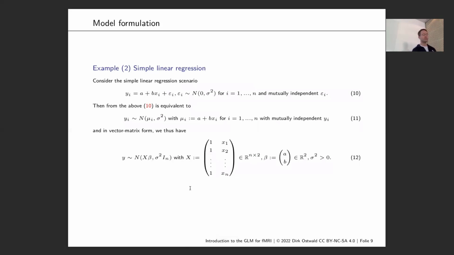Not that important actually for fMRI analysis, but in general important is, of course, simple linear regression, which I guess all of you also have seen. So that's now a different model, but it has the same kind of structure and kind of the same format as we've seen previously.